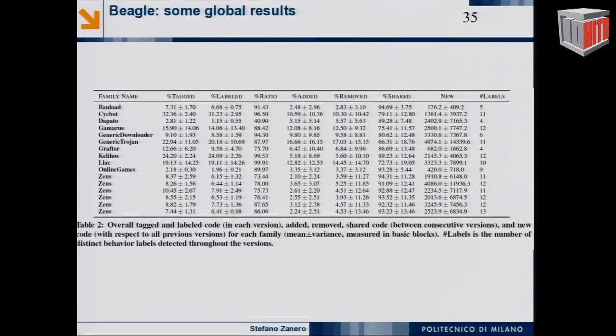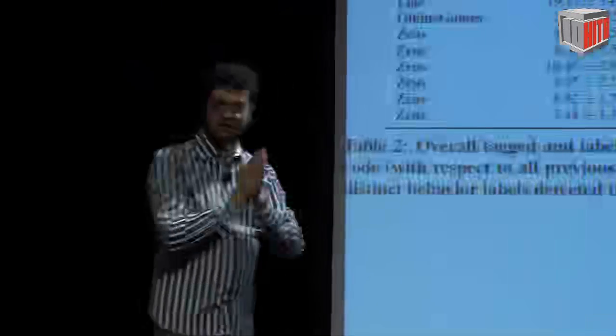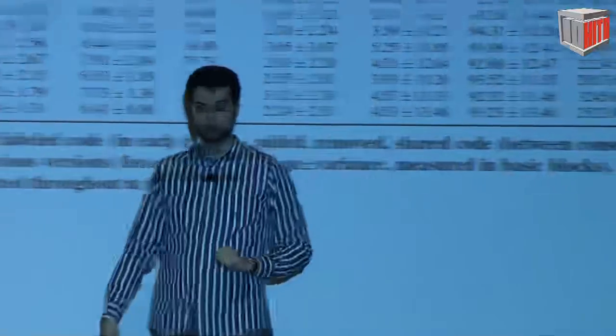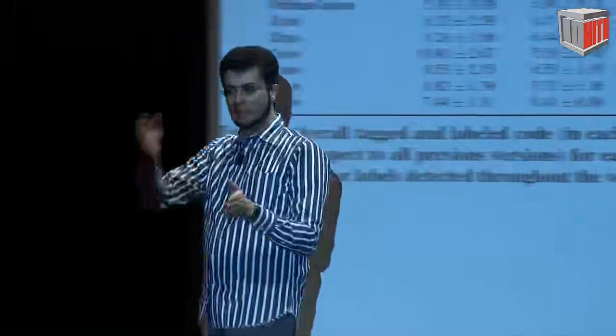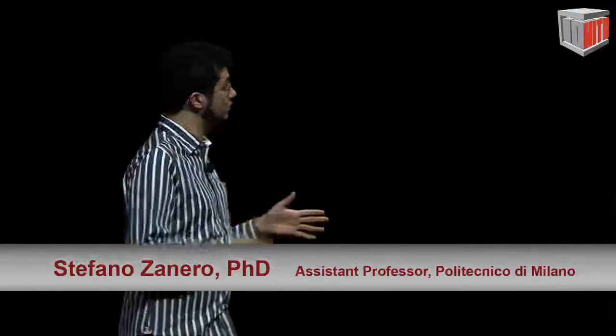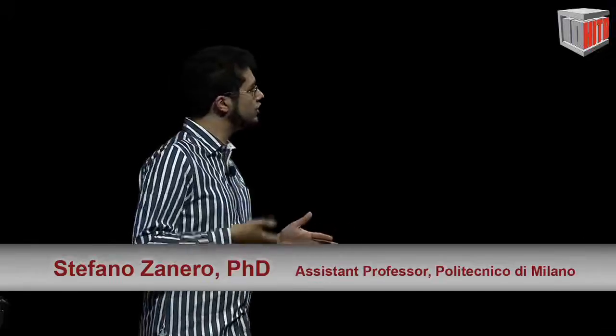On many of these families, there's an average. These figures are the average percentages of added, removed, and shared code between two subsequent versions. So on some of these families, on many of them actually, there's a consistent percentage of 5 to 10% of added code between each version.